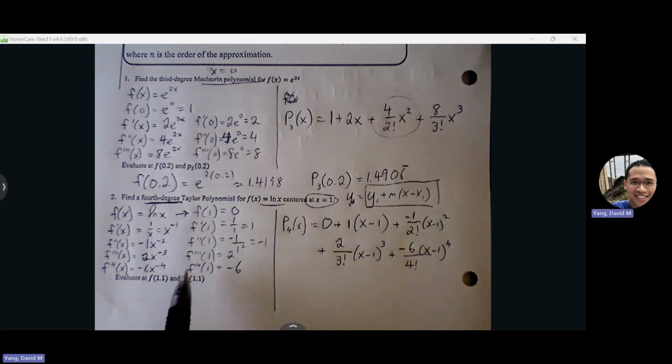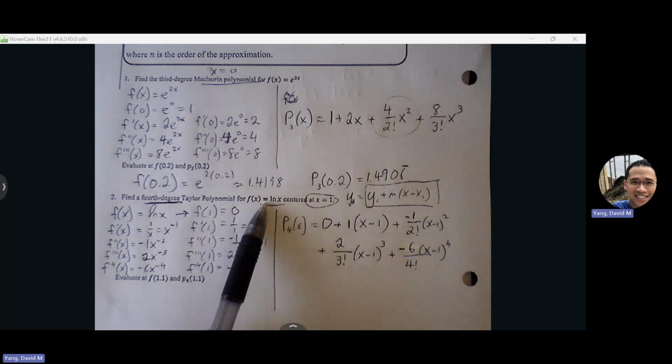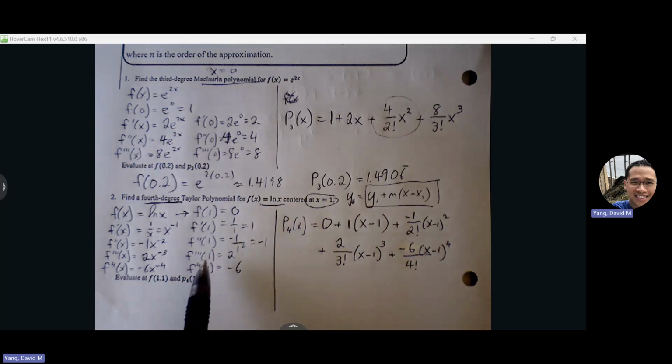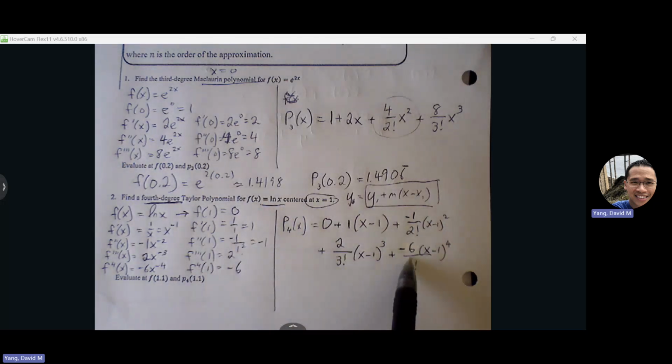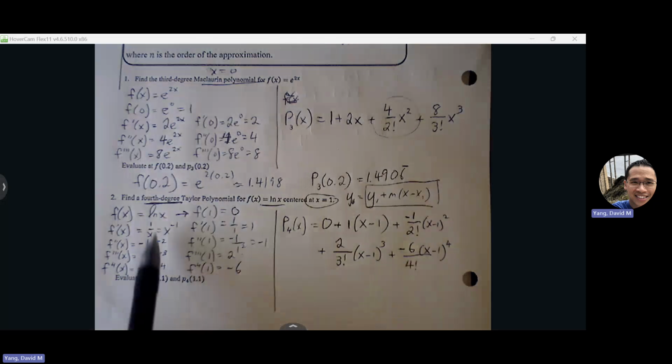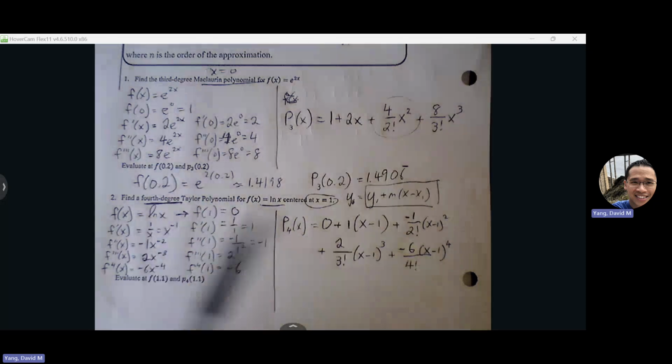Okay, so we're just taking information from the natural log function and sticking it into the polynomial so that it can share the same values up to the fourth derivative. And then it says evaluate f of 1.1 versus the polynomial at 1.1.